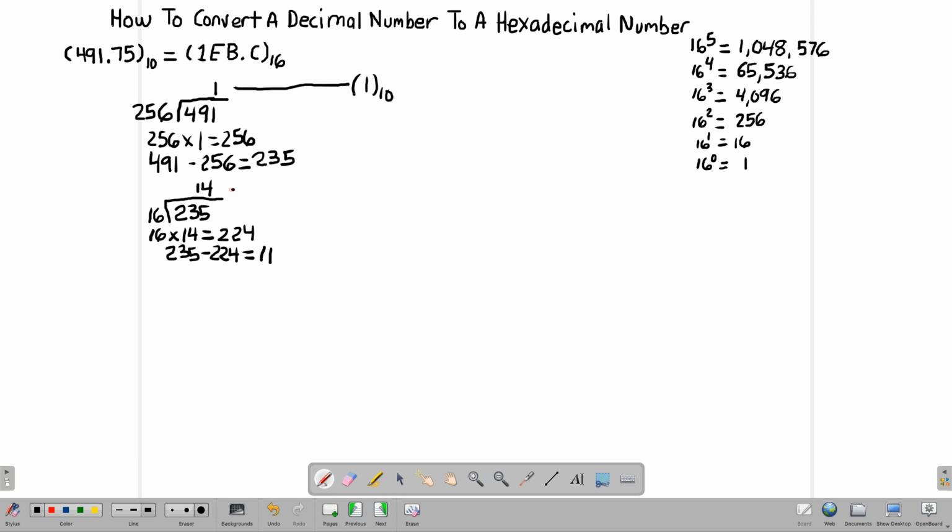So before we begin the next computation, let's go ahead and indicate here 14 is represented in decimal. So once again, we have the value 11, and we want to take the highest multiple of 16 without going over 11. So we can't use 16 to the first power because that's the value of 16, and 16 is greater than 11. So we take the next one, which is 16 to the 0th power, and that produces the value 1.